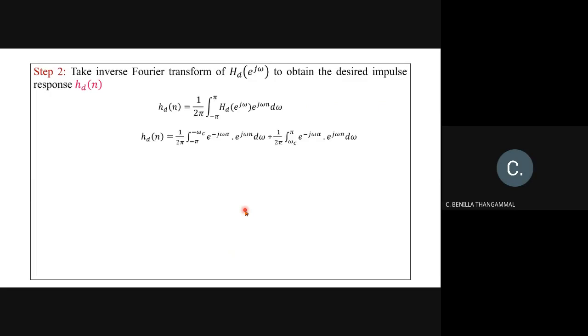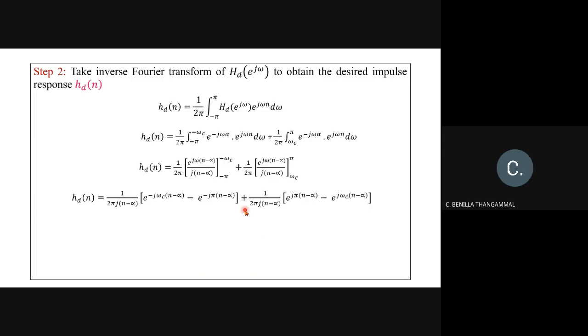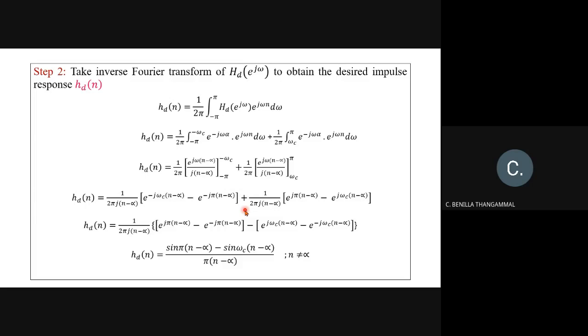Step 2 is to obtain the desired impulse response. Replace your minus pi to plus pi as minus pi to minus omega c and omega c to plus pi, and then integrate it. Substitute your limits as upper limit minus lower limit, and then rearrange it so that you'll be able to get sine pi into (n minus alpha) minus sine omega c into (n minus alpha) divided by pi into (n minus alpha) for n not equal to alpha.